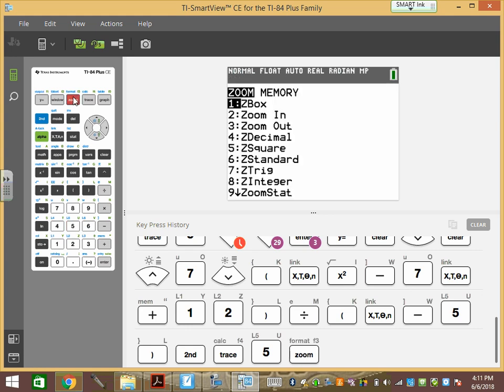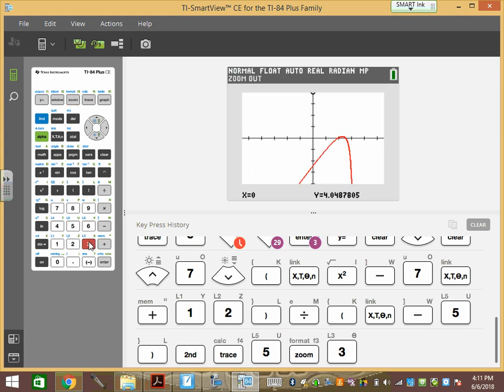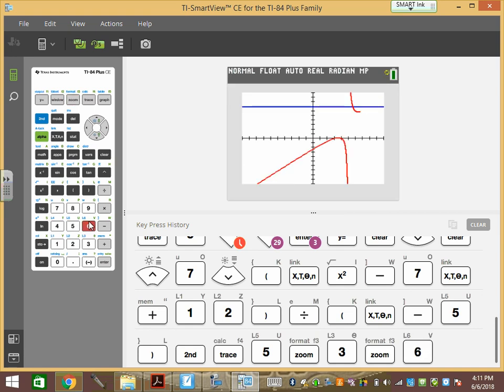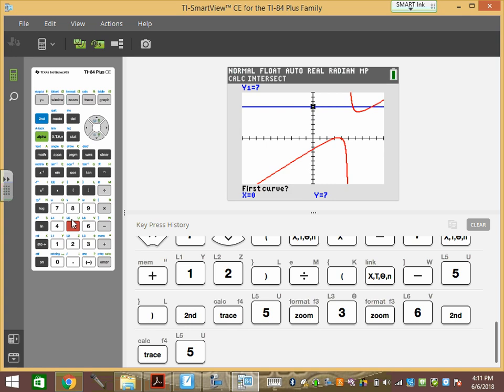Zoom 3. I know I need to have it cross at 7. So I don't know what my window's at. Zoom 6. I don't want to press Zoom 3. There it is. So second trace 5. I know I have a horizontal line at 7, so I need to be able to see that at the very least. Enter, enter, enter.